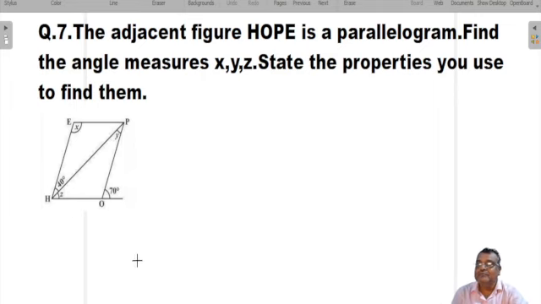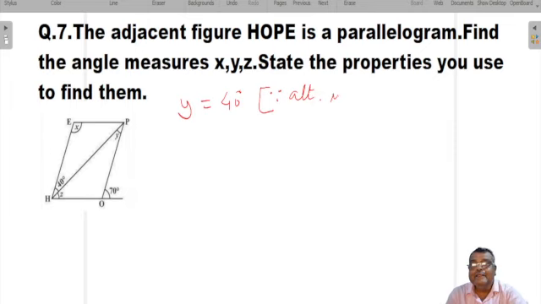y is equal to 40 degrees because alternate interior angles are equal. So you are getting y. Now you see this angle POH.